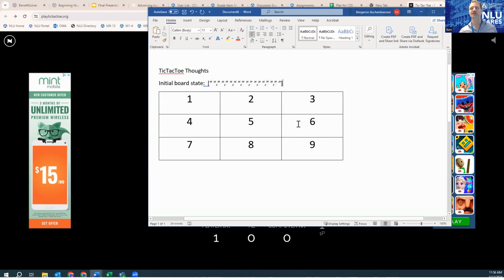So one critical piece about connecting the player's input, saying, oh, I want to play in the 5th space, which is the center, which is a great place to start the game, is that in an array, we index starting at 0. So the index that we're looking at when we're talking about the 5th space is not the index 5.